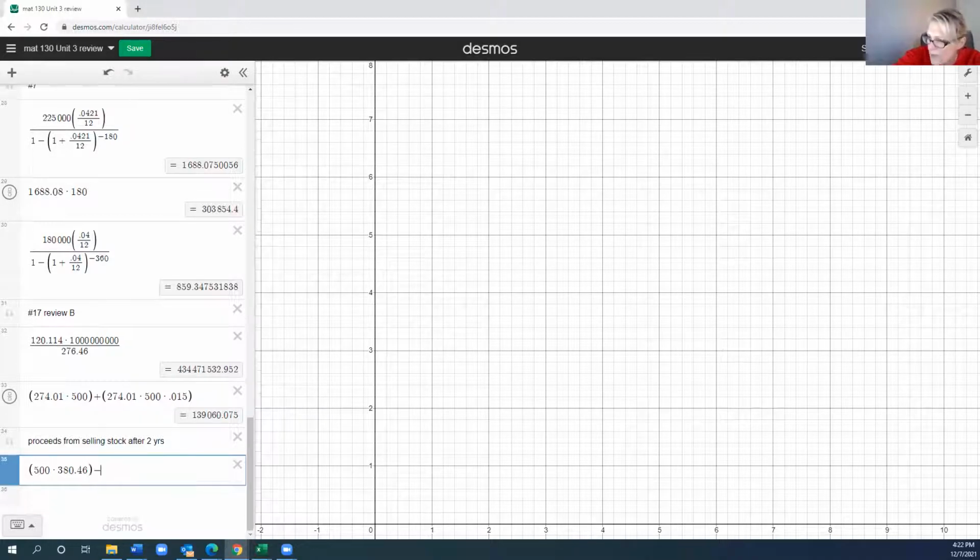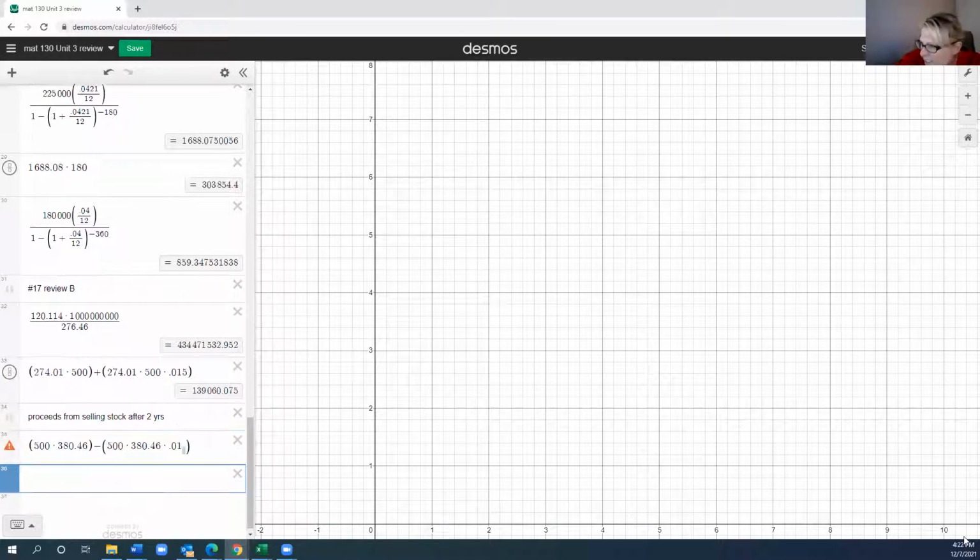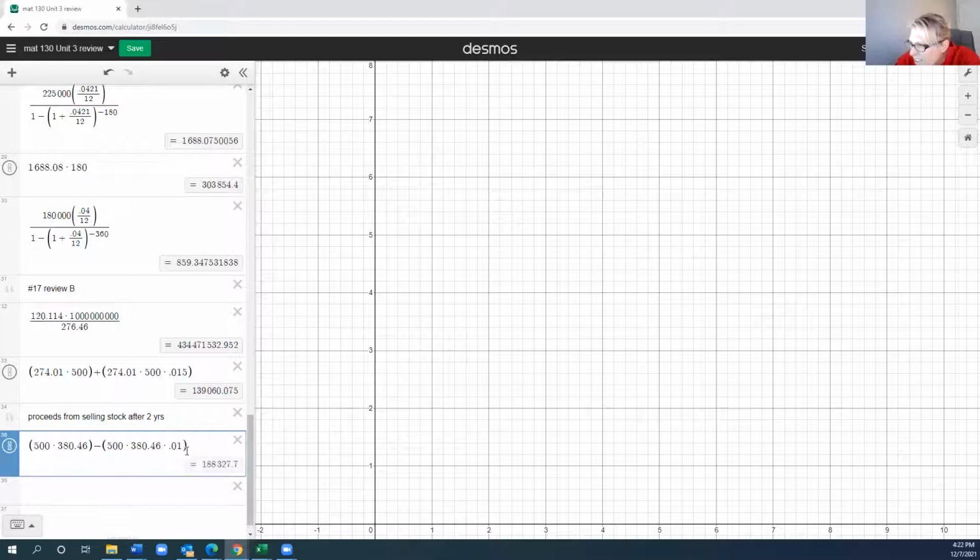And this time we have to subtract money because this is money we're getting. So we have to subtract the commission this time. 500 times 380.46 times 0.01. There we go. So our proceeds are $188,327.70.